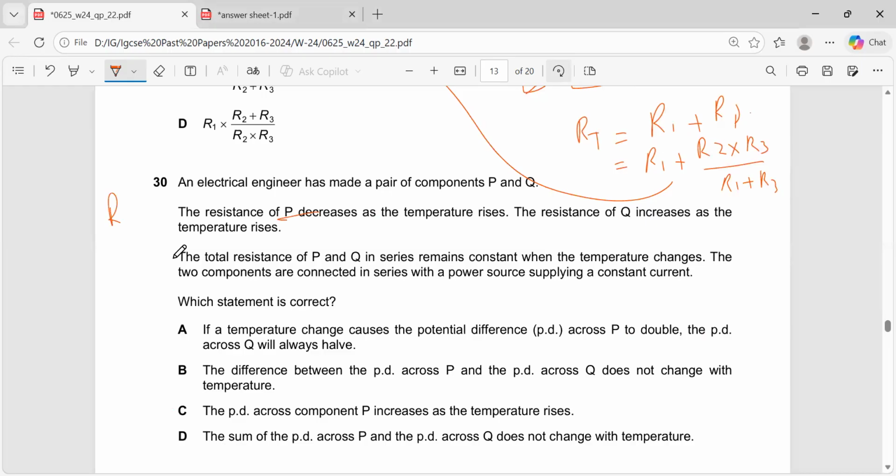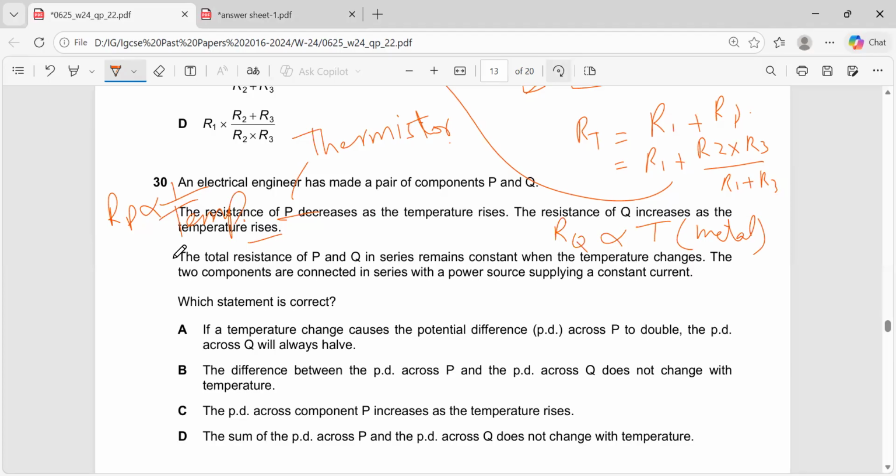So resistance of P is inversely proportional to temperature. The resistance of Q increases as the temperature increases. It means resistance of Q is directly proportional to temperature. So this is made up of a metal, and this P is a thermistor.